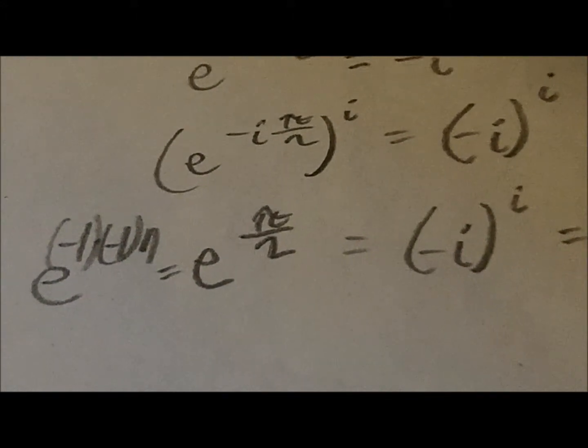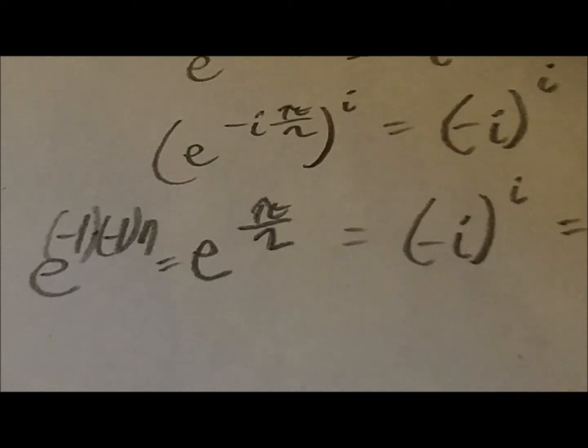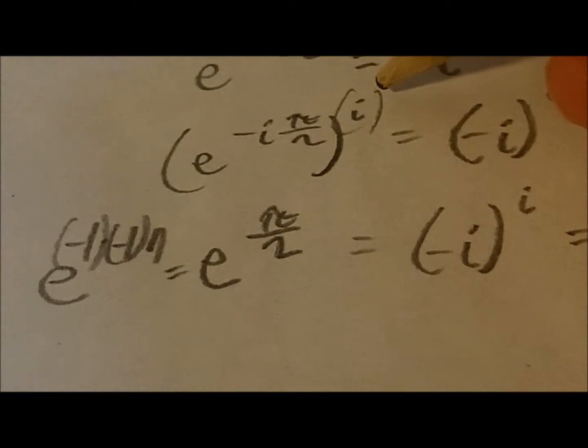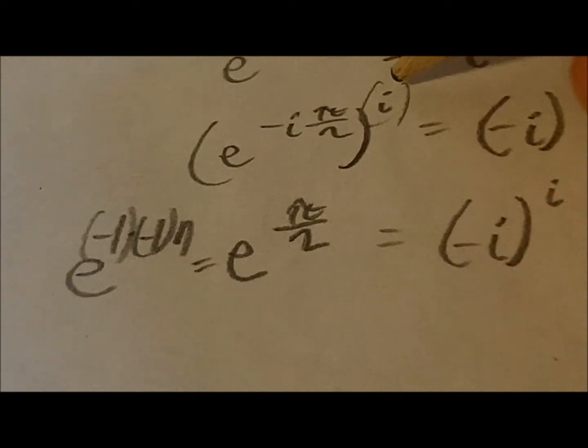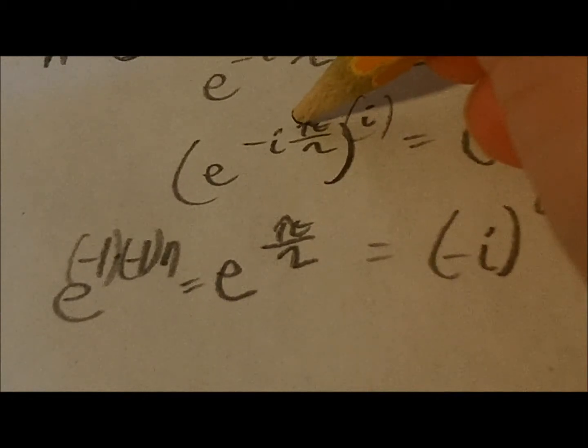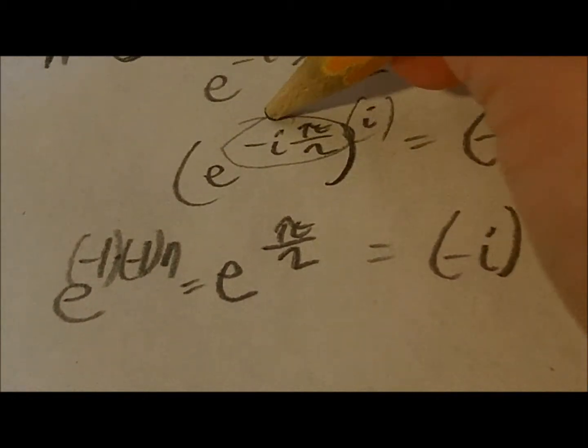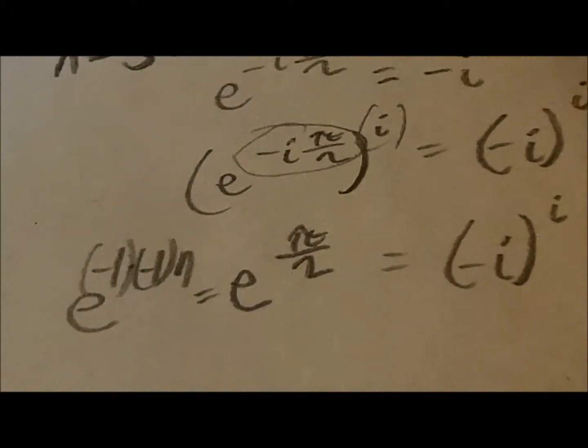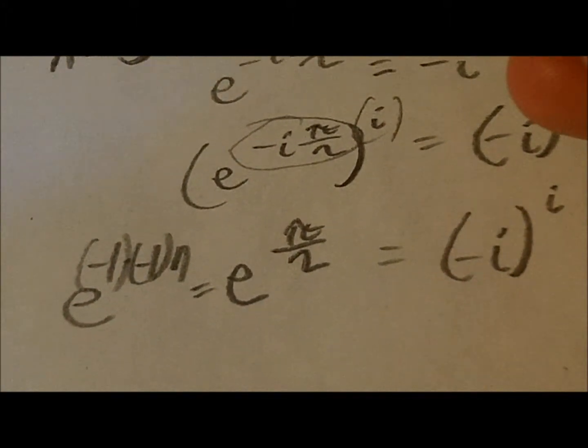Because we can use this exponent and bring it down as a product, just as we've done before, it's negative i times i, which is 1, and you can verify that.